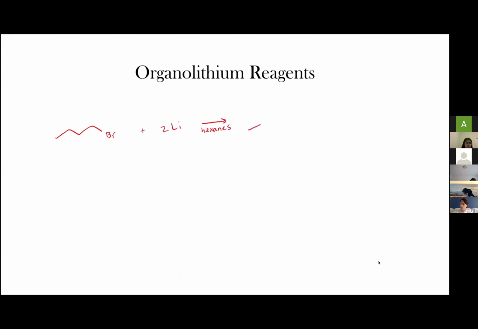The product of this, we're going to get the lithium replacing the bromine, and LiBr. And so again here, we have a strong partial negative charge on the carbon and a strong partial positive charge on the lithium. Okay.